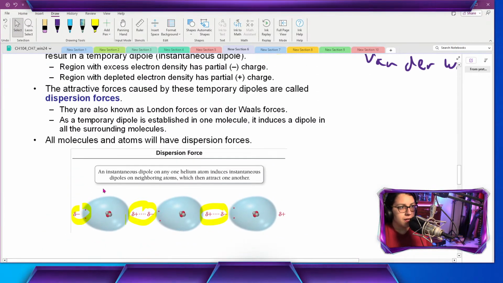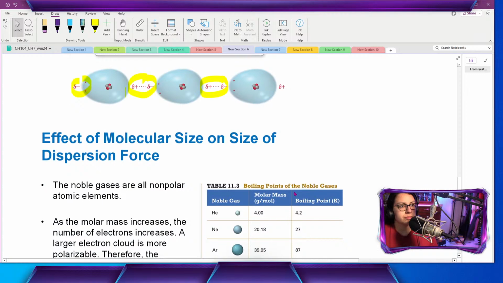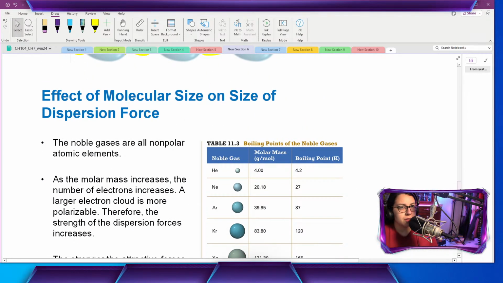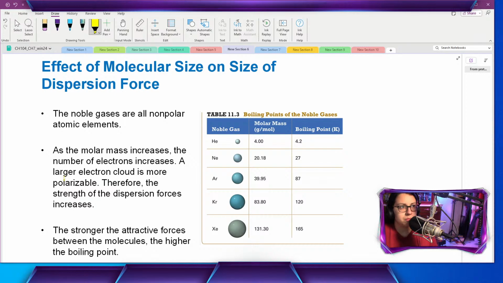And so again, every molecule has dispersion forces. It's just since they're the weakest, once we get into polar molecules and hydrogen bonding, we tend to just ignore the dispersion forces since they're a lot weaker. And so we can see the trend of molecule size.